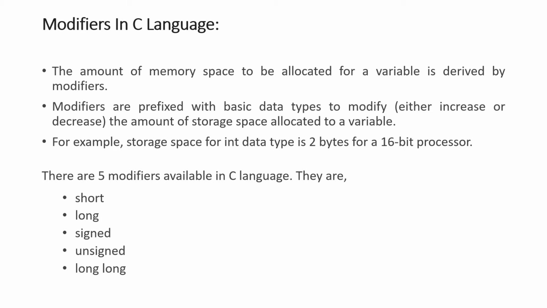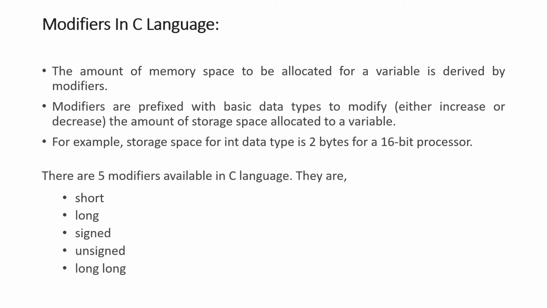In addition, C also supports modifiers. The amount of memory space to be allocated for a variable is derived by modifiers. Modifiers are prefixed with basic data types to modify, either increase or decrease, the amount of storage space allocated to a variable.